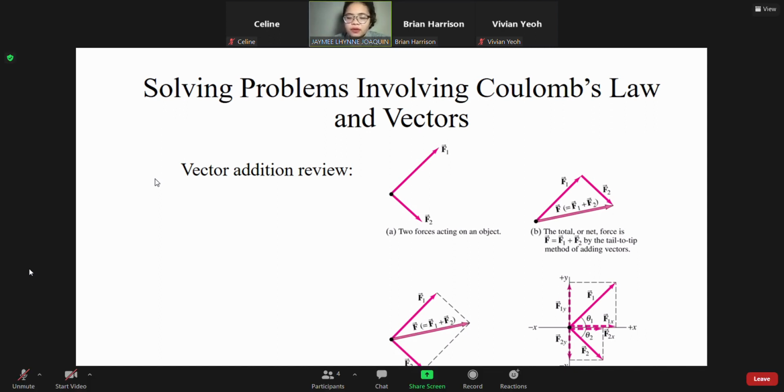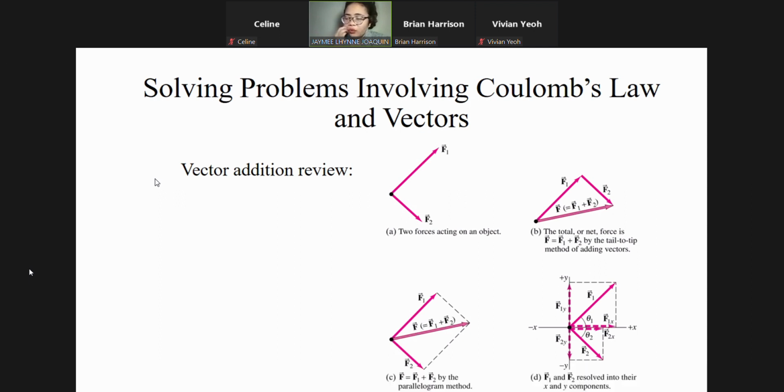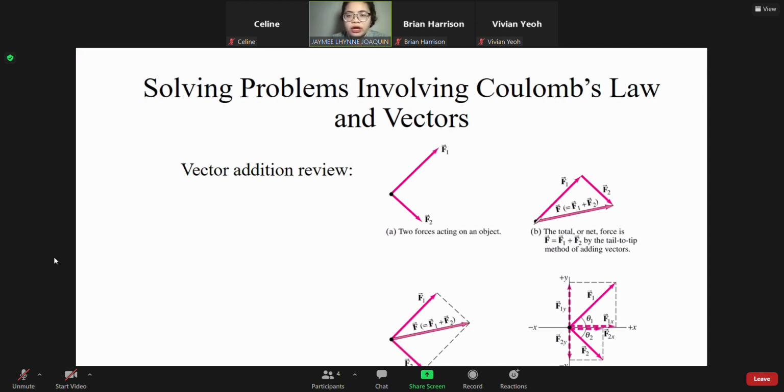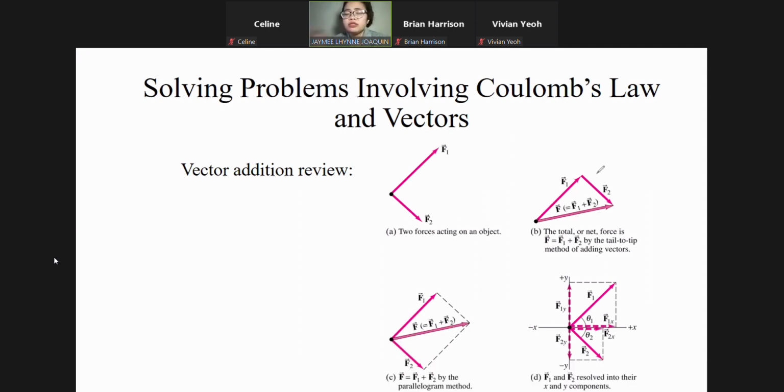So a squared plus b squared equals c squared, wherein a will serve as, for example, your F1, your F2 will serve as your b, and the longest among them will serve as your c.